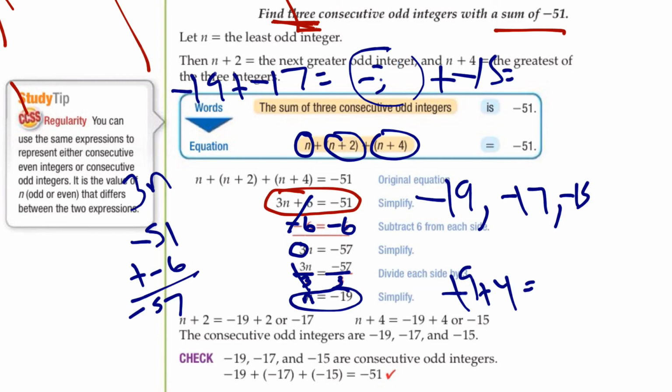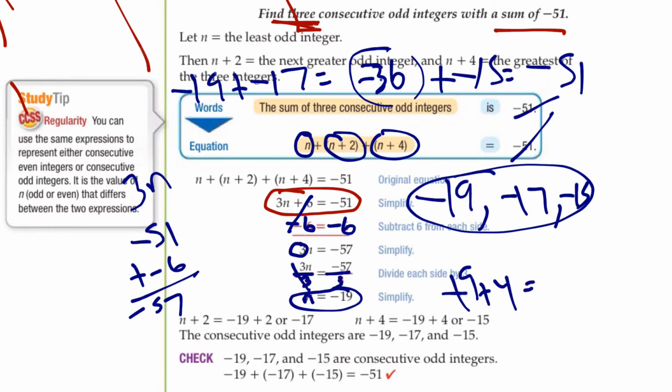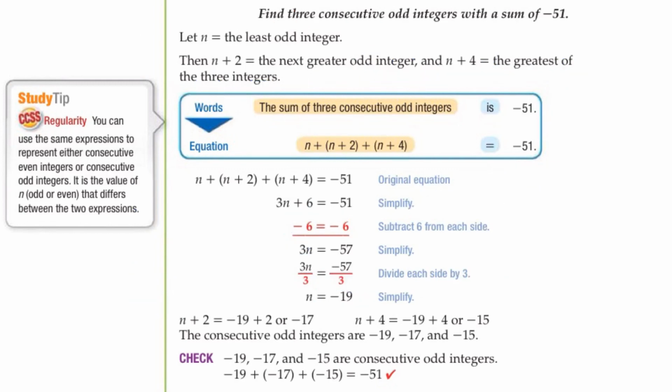That's not right. This is negative 36 plus negative 15 equals negative 51. Wow. So I got it. These 3 are consecutive odd integers that add up to negative 51. Did I accomplish what I needed to accomplish? Yes, I did. I just needed 3 consecutive odd integers that add up to negative 51. And I did find that. This is how you set up. This is your cheat sheet.